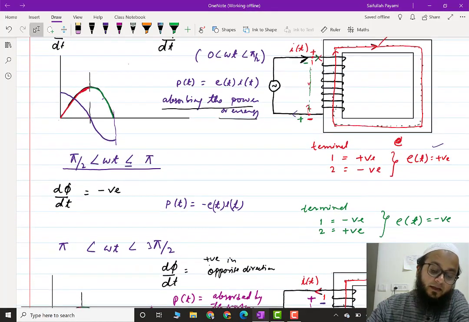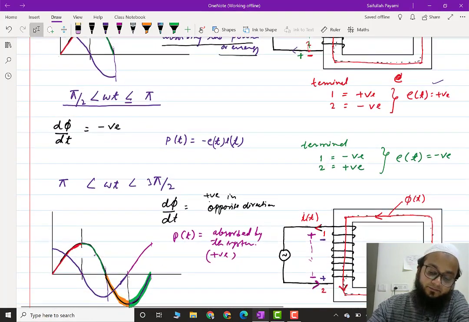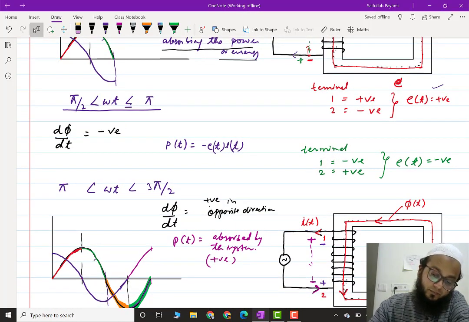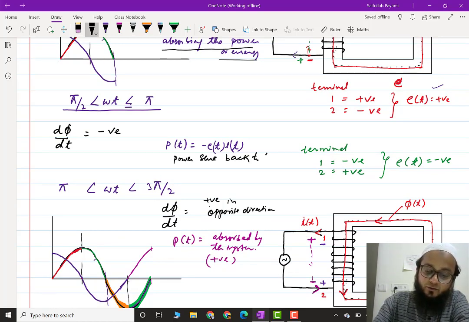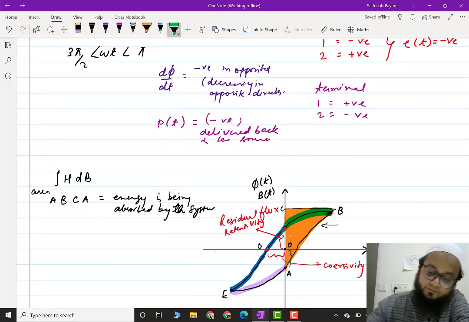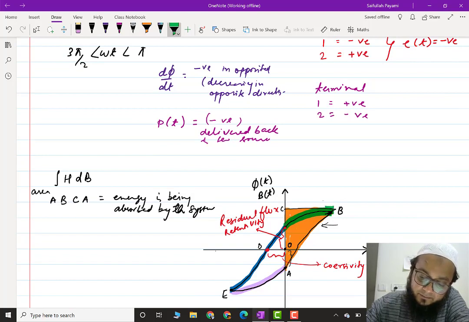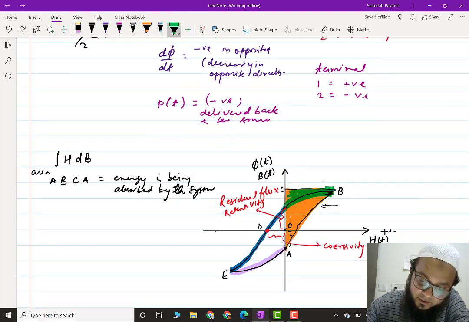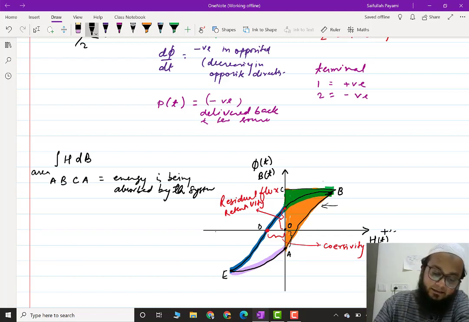Now when it goes from pi by 2 to pi, what we can see is that power is negative. That means power is actually being sent back to the source. As we have discussed before, this entire power is being sent back to the source during this time.